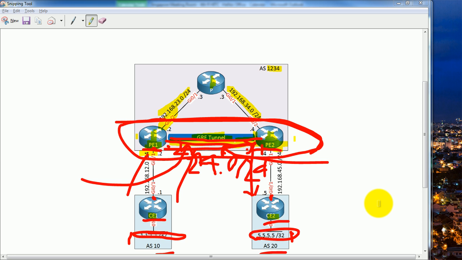MPLS can do anything that any other tunnel protocol supports, and it can do a lot more than that.